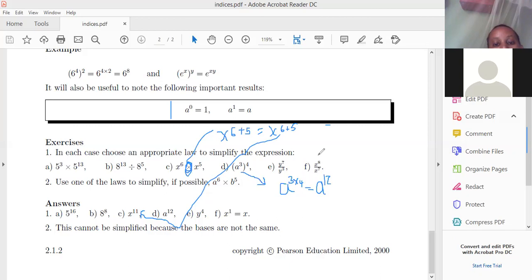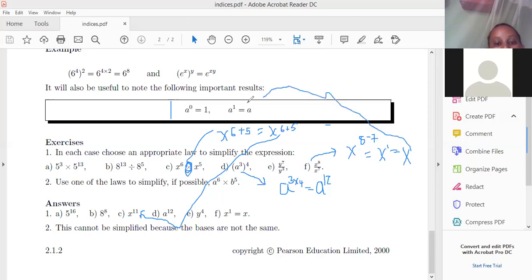Okay, let's do one on the division. I'll take number F here. For F, we have an x raised to the power of 8 divided by x to the power of 7. So because we are dividing, then it means the rule is we subtract the powers. And then we end up having an x to the power of 8 minus 7, which is 1, which, if you remember our last statement, we have said a number raised to the power of 1 will always be that number.